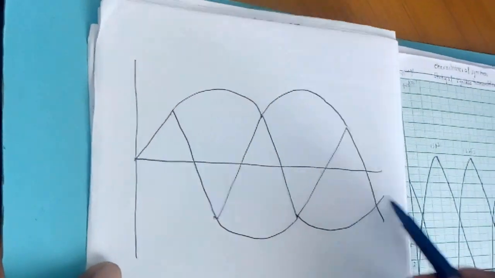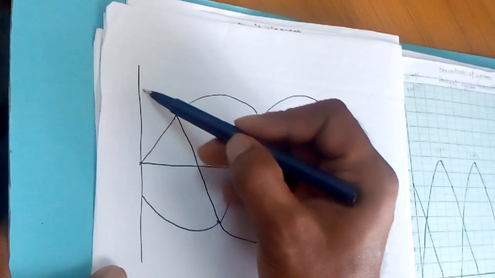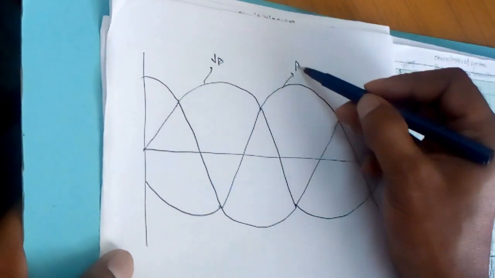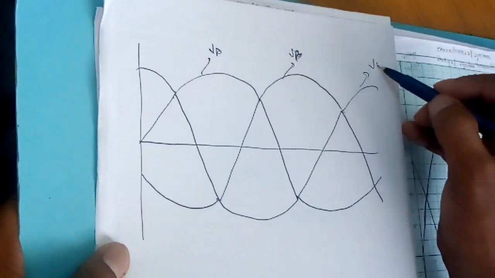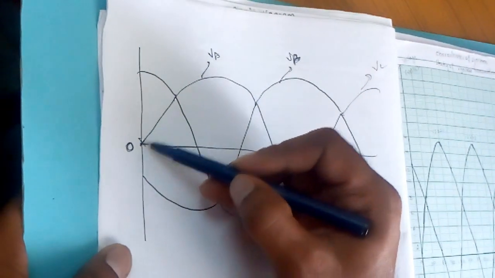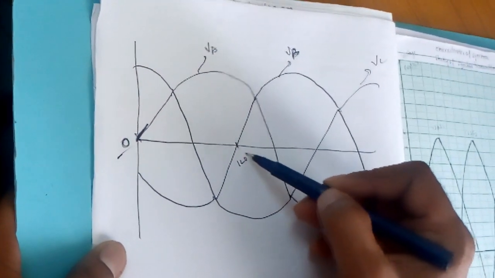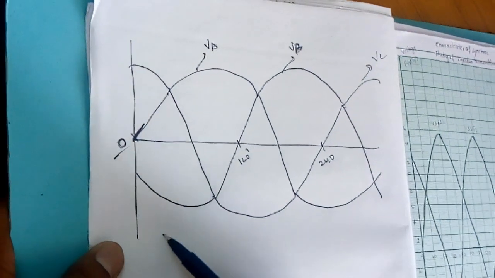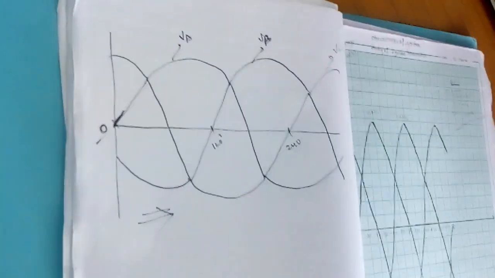Consider this the first phase VA, this the second phase VB, and this the third phase VC. Each phase is displaced by 120 degrees. That is, the first phase starts at 0 degrees, the second phase at 120 degrees, and the third phase at 240 degrees. This input voltage we are going to verify using the synchro transmitter.